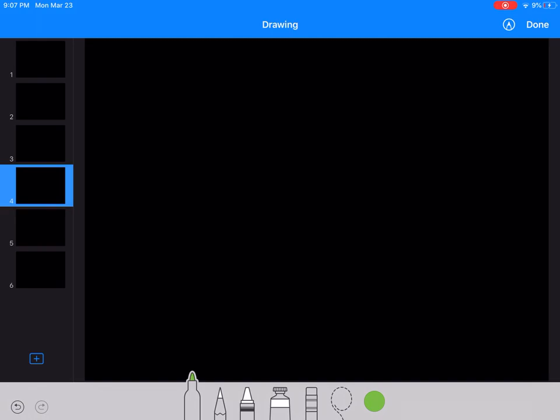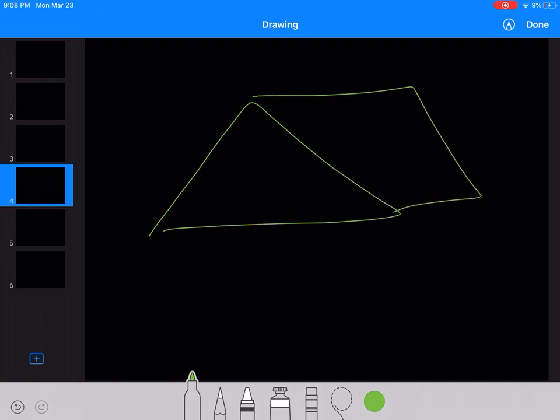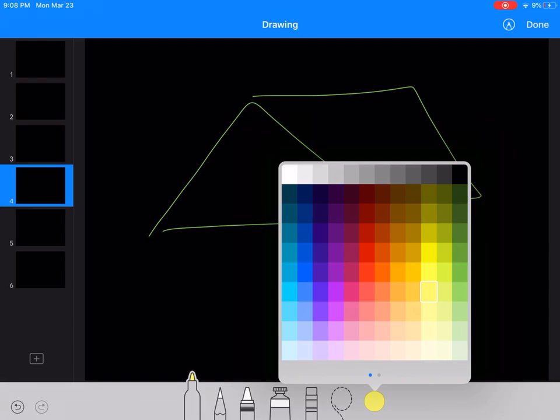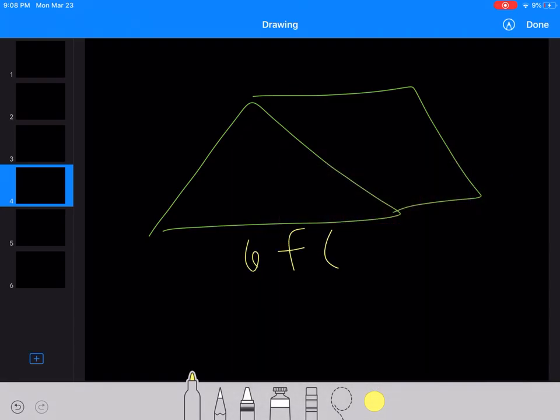Let's look at one more application problem. So imagine we have another prism, and this length is 6 feet, and this is 2 feet, and this length here is 4 feet.